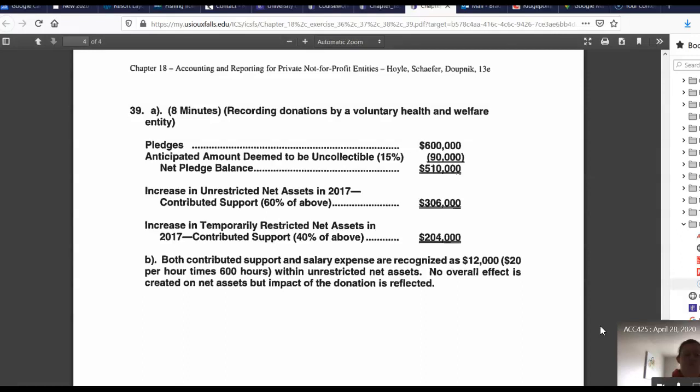So then we increase our expense by 12, and we show also the contributed services revenue of 12 and the salary expense of 12. It still has no overall effect, but we do record it. Questions on number 39? Nobody?